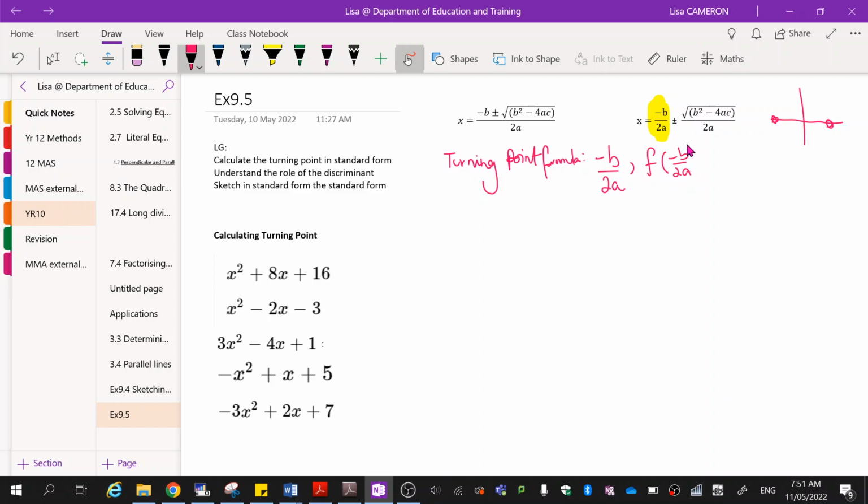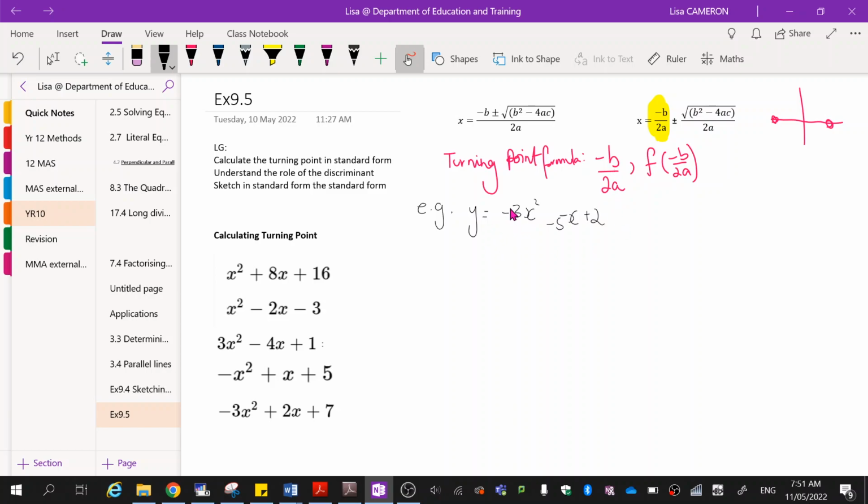So I'm going to do this one as an example. Let's say my equation is y equals minus 3x squared minus 5x plus 2. Now, my first step: you can see that there are a's and b's in here.